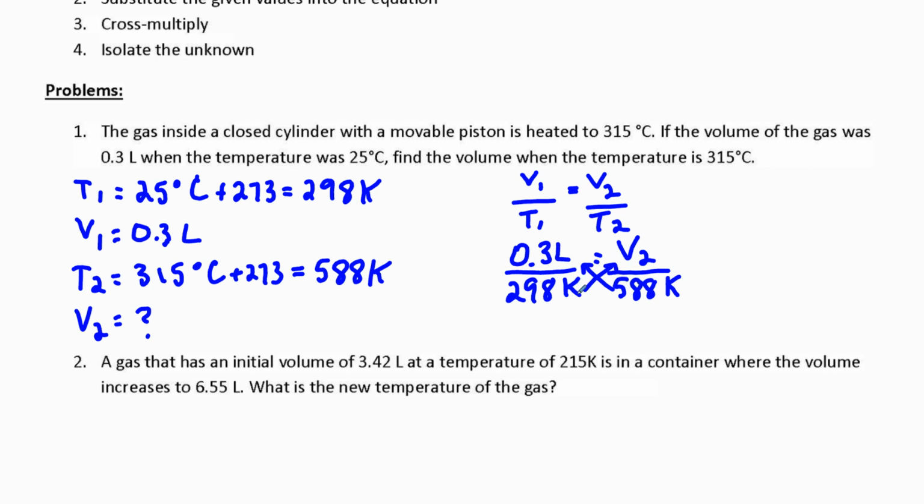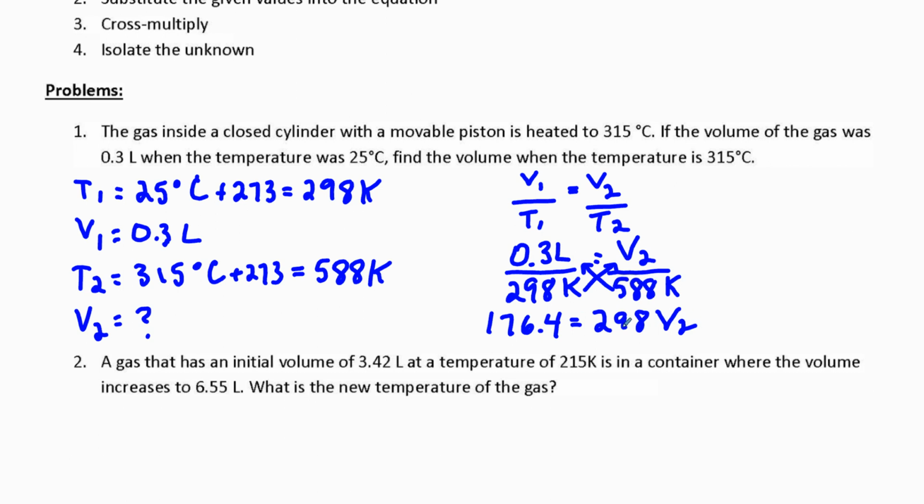So that's going to give me 588 times 0.3 is going to give me 176.4. And then I'm going to get 298 times V2.